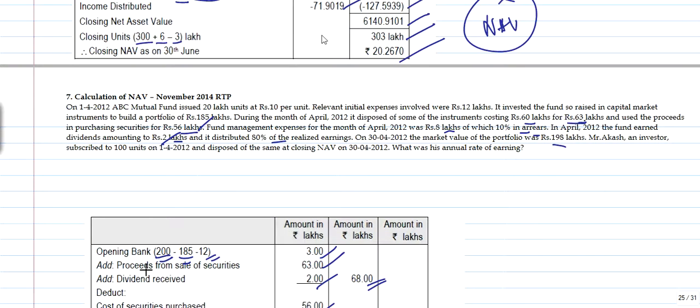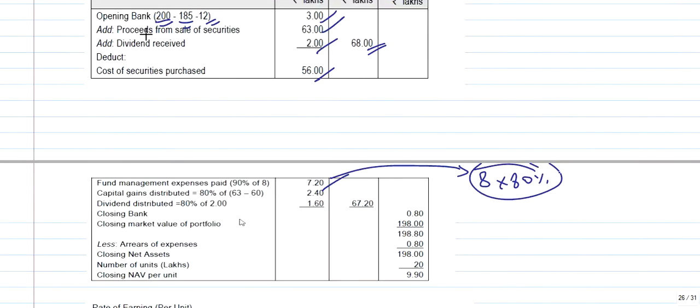Sold for 63 an instrument of 60 lakh. On 3 lakh, we have to pay 80 percent capital gain distribution, 2.4. Dividend distribution, again we receive 2 lakh, 80 percent distribution, 1.60. Total comes up to 56 plus 7.2 plus 2.4 plus 1.6, 67.20.